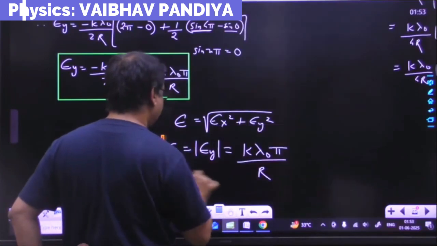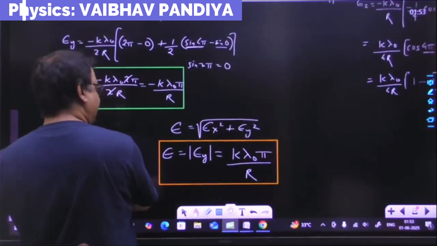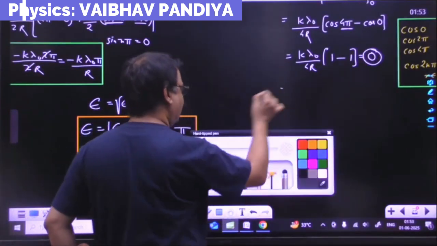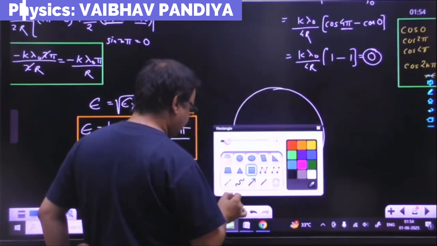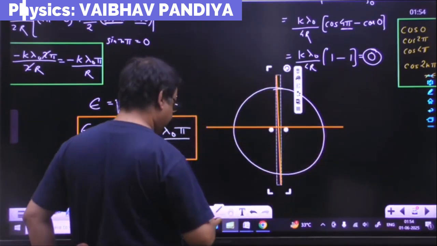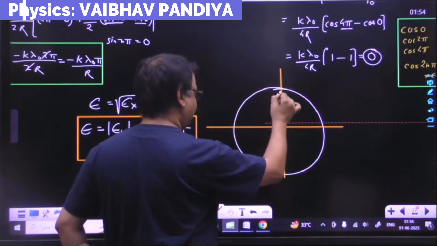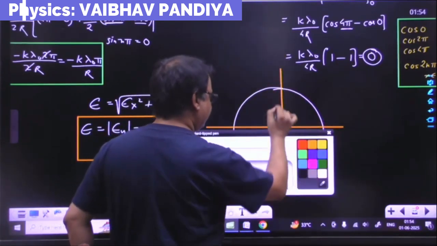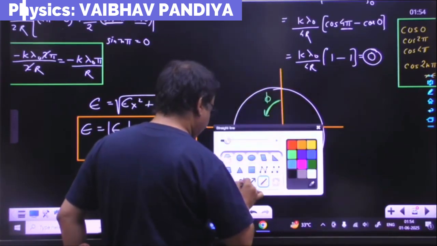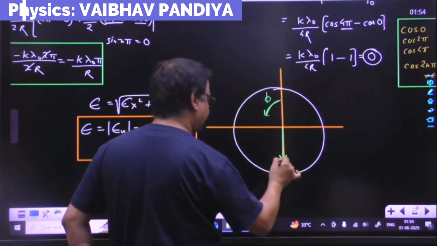This is the field at the center of the ring. K lambda naught pi by r, and if you're taking a reference line, where we have taken the reference line, I guess upward y-axis. So your net field, if you're measuring phi from this vertical reference line, this is the model we have taken. So your net field at the center is like this, along the negative y-axis.